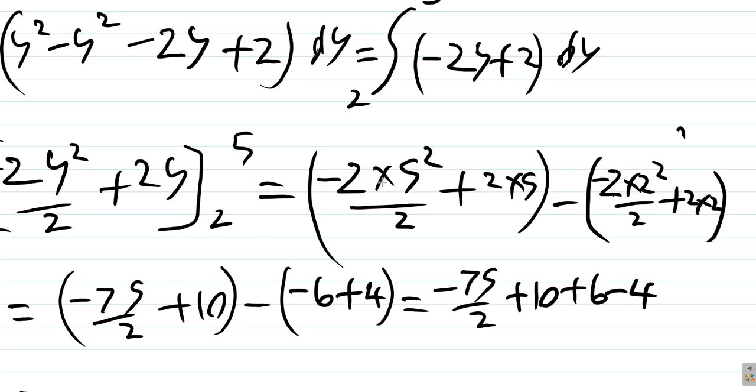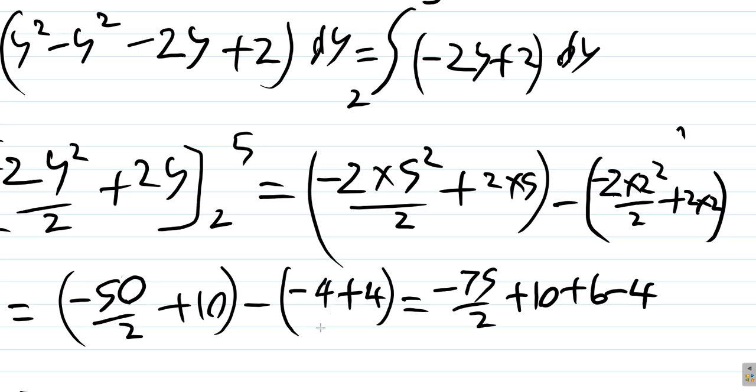So 5 times 5 is 25, 25 times 2. So this should have been negative 50 over 2 plus 10, minus 2 times 2 is 4, 4 times 2 is 8 over 2 is 4.